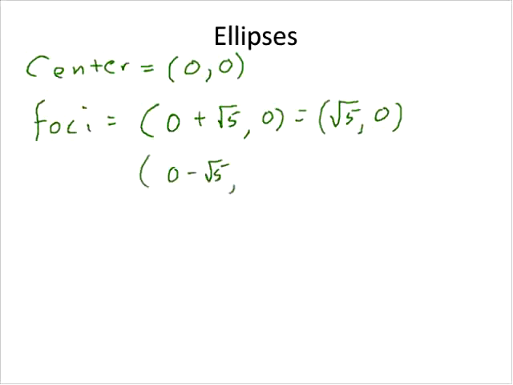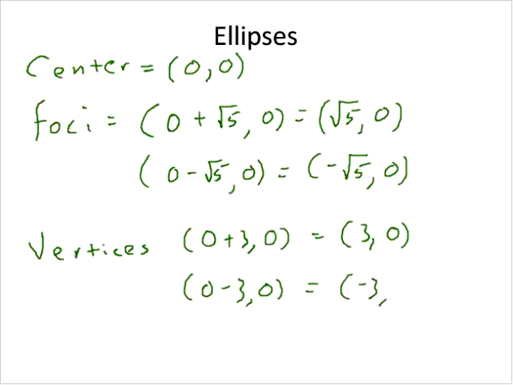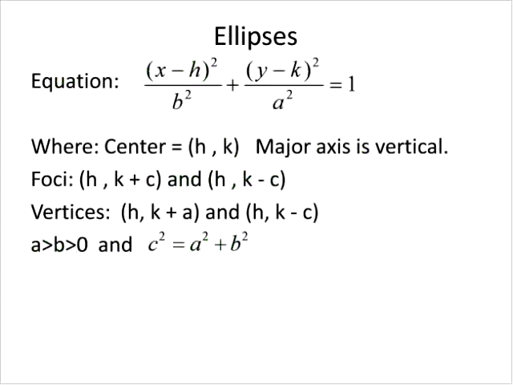The other one's going to be at 0 minus the square root of 5, comma 0, which will be (negative square root of 5, 0). The vertices will be at 0 plus 3, comma 0, so (3, 0), and at 0 minus 3, comma 0, which is (negative 3, 0). Okay, so there's the center, foci, and vertices.